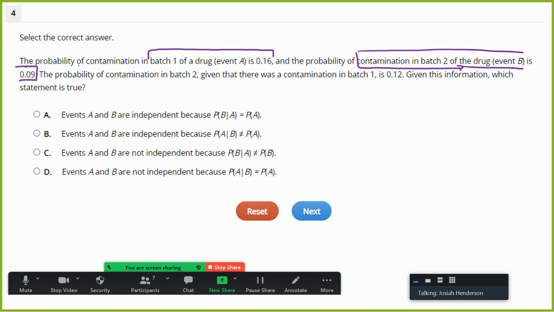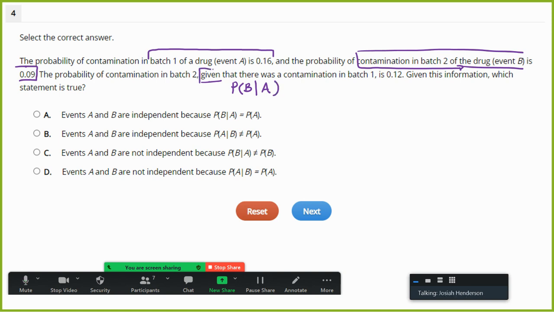Continuing, the probability of contamination in batch 2, given that there was contamination in batch 1, is 0.12. So what the second sentence is telling us is the probability of B given that A has occurred.